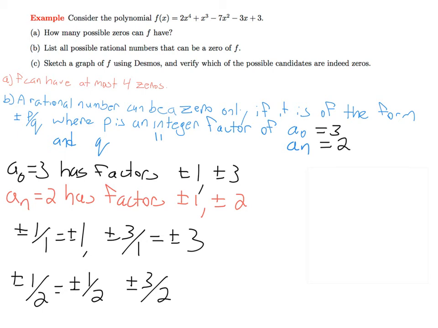And those are the only possibilities. So here I've taken different combinations of factors of the constant term, 1 or 3, and put them over different combinations of factors of the leading coefficient, which is 1 or 2. So that gave us the 1 over 1, 3 over 1, 1 over 2, 3 over 2.